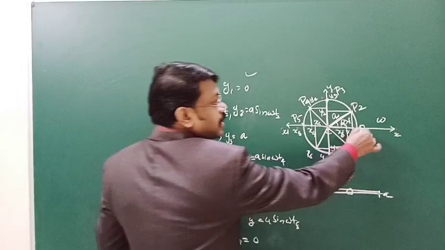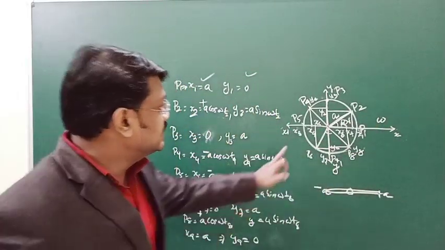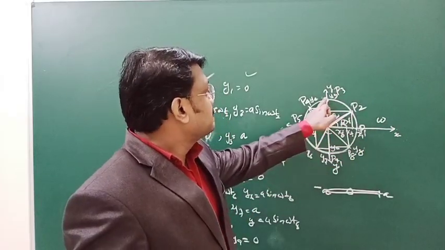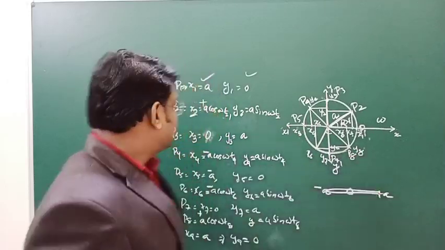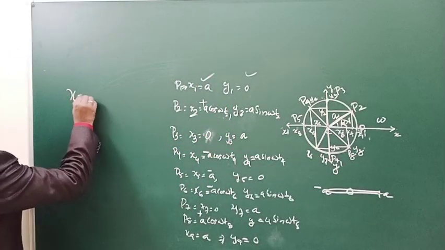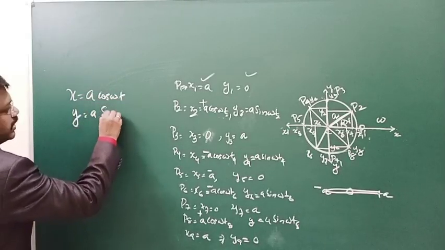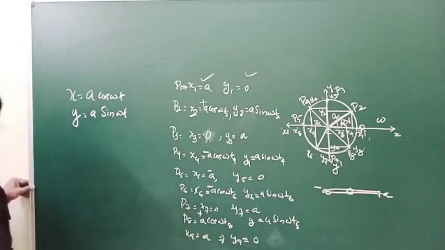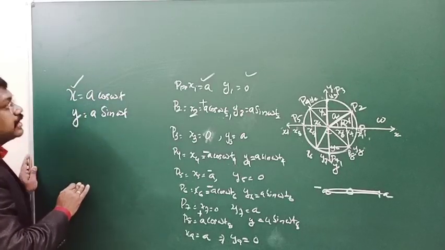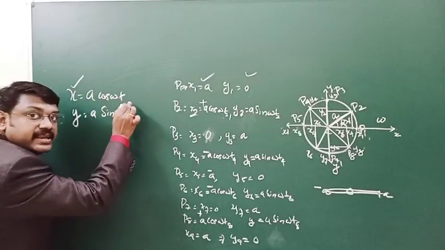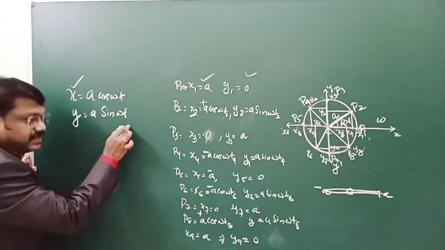And in the y direction, it follows a sine function. That means initially it is 0, growing to a, then again 0, growing to minus a and again coming to 0. So x can be taken as a cos omega t and y is equal to a sin omega t. x is the instantaneous displacement along the x direction at any instant, and y is the displacement along the y direction at any instant.